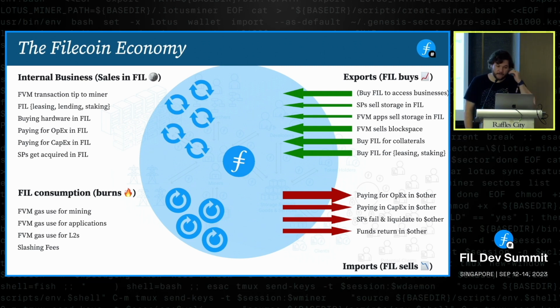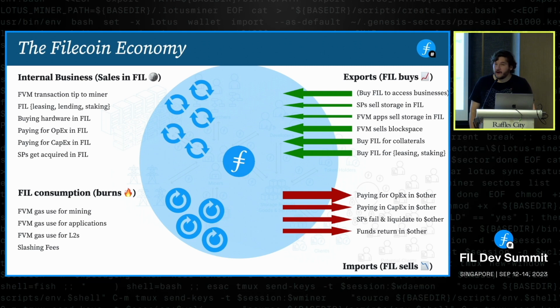So the first part is in any kind of current economy, you can have internal businesses, which means sales within that currency. Some examples of that are the FVM transaction tip to the participant that produces the block. You can have money being exchanged in terms of capital leasing or lending or staking.